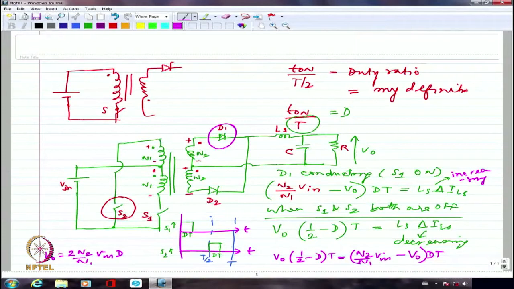It will not conduct, but the open circuit voltage will come up across any diode which is not conducting. So the diodes have to be rated for much higher voltage. Same is the case with the devices. These also have to be rated for much higher voltage than what they are actually delivering.